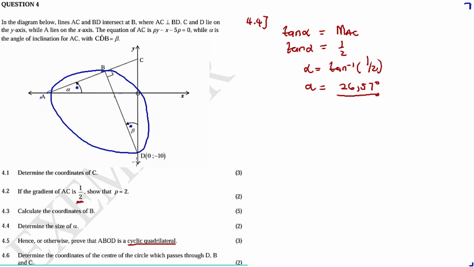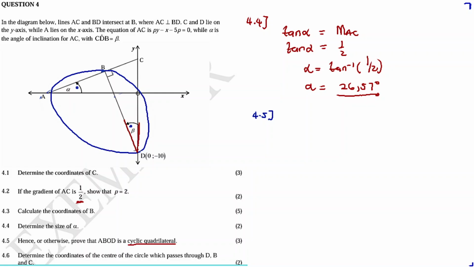So our next task is to get the angle beta. Okay, 4.5. We want to calculate the angle beta. Here's a tip.